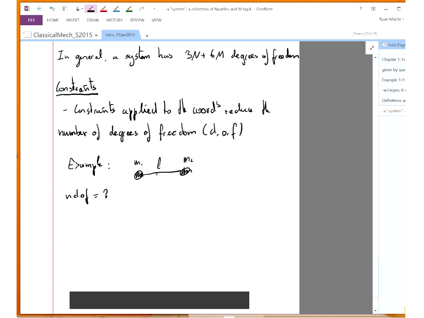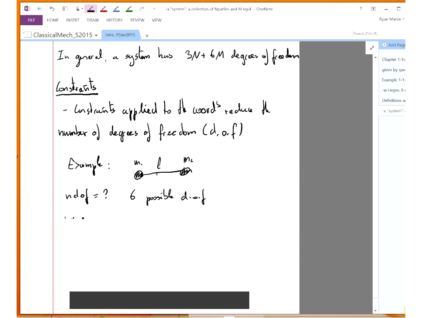In principle, 6 degrees of freedom is the maximum, right? Because there are 2 particles, and so 2 times 3 is 6. So we have 6 possible degrees of freedom.